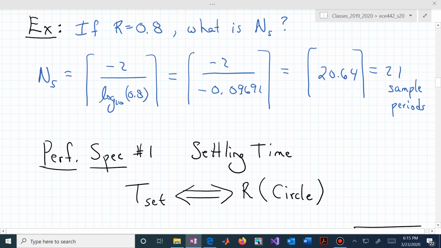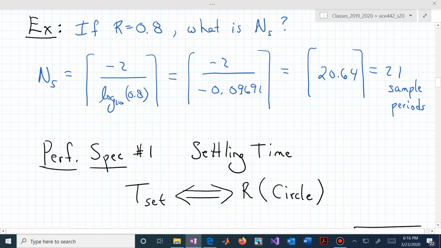Hopefully that now helps you better understand this relationship between settling time, that specification, and the distance your two dominant poles are going to be away from the origin in the z-plane. How big is the radius of the circle? If we have a settling time, we know r needs to be inside the unit circle.